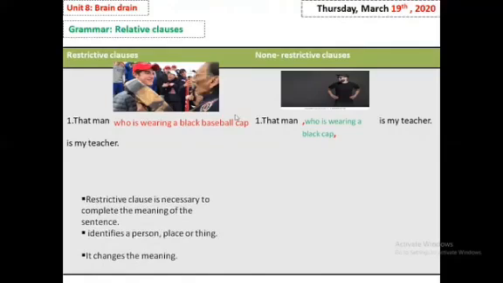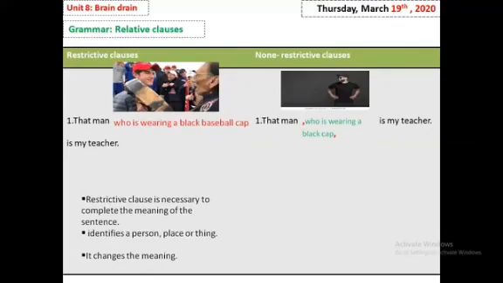So we can say restrictive clauses are very necessary to complete the meaning of the sentence, because they identify the person or a place or thing. In this case, we identify this person. If we omit it in the sentence, then the meaning changes.